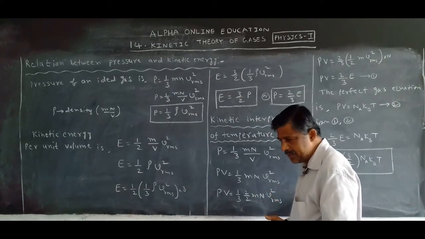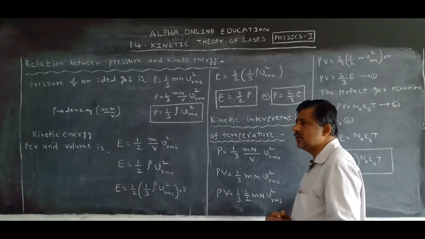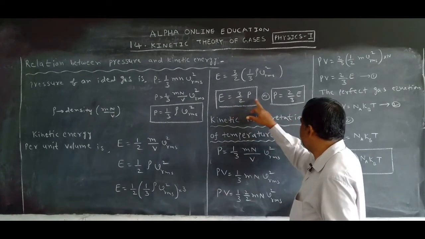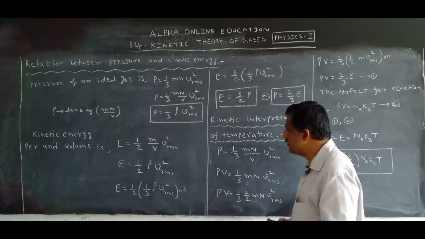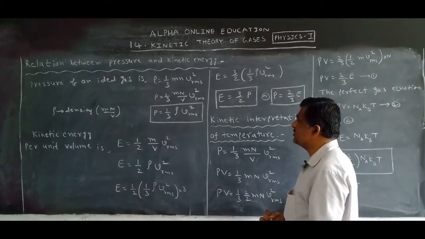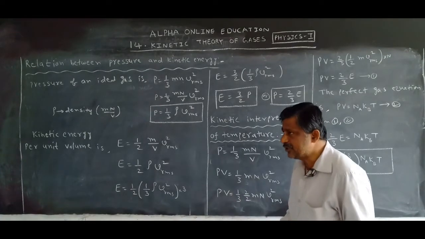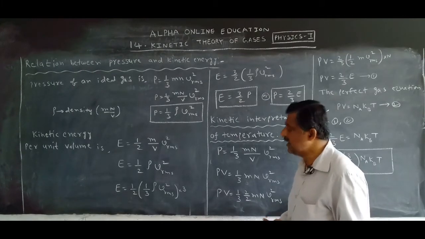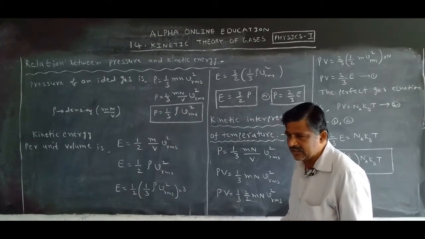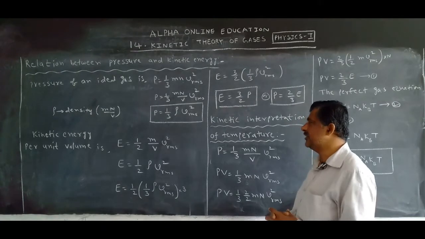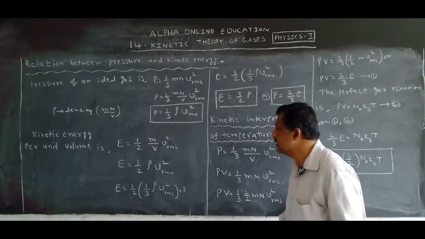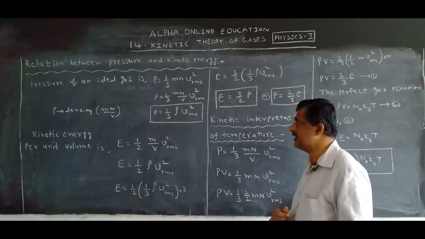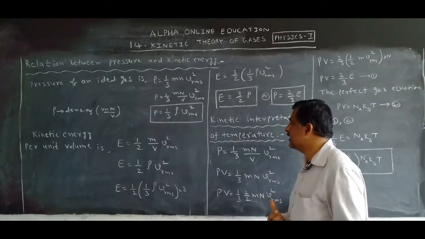E is proportional to P, or P is proportional to E. You take E is equal to 3 by 2 P, or P equal to 2 by 3 into E. This is the relation between the pressure of an ideal gas in a container and the kinetic energy of the gas molecules: E is equal to 3 by 2 P. Here we have established the relation between pressure and kinetic energy.